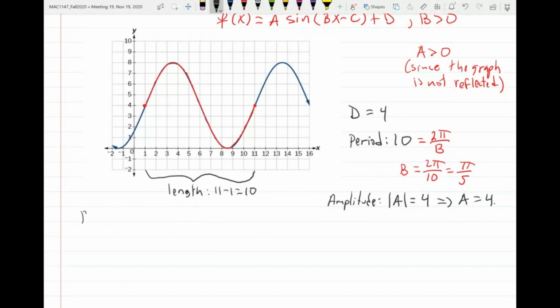So the phase shift is equal to 1, right? Because that's the shifting that we did. And you know the formula: this is C over B, so this means that C equals B, and B is pi over 5.